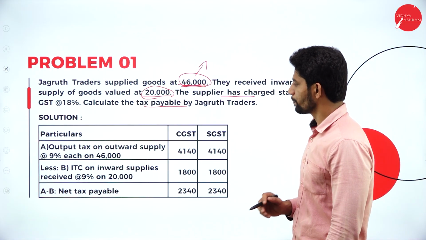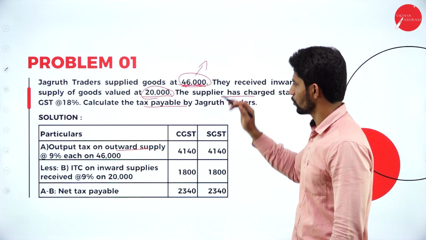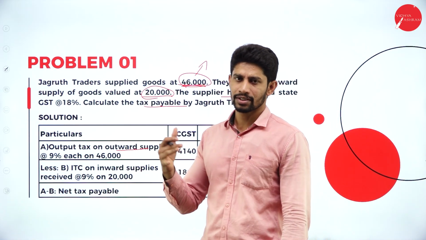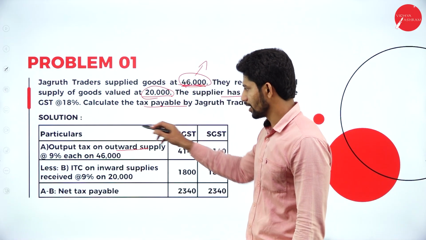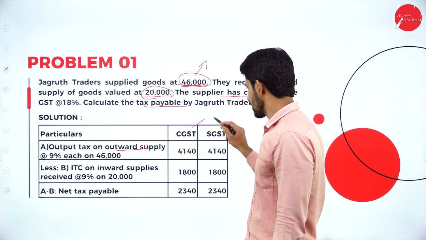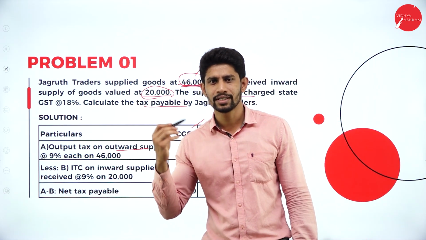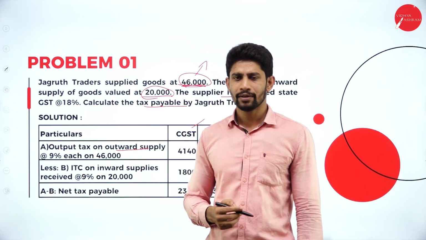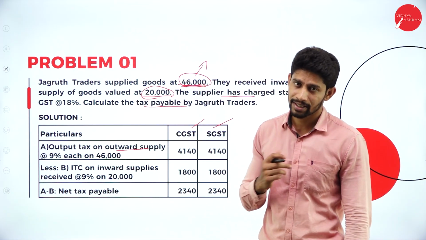So here, output tax on outward supply, first we find out. Just assume the transaction is happening within the state and we are supposed to impose CGST and SGST. So make 3 columns: particulars, CGST and SGST. Mainly we have 3 types of GST: CGST, SGST, IGST. If the transaction is happening within the state, then CGST and SGST is applicable.